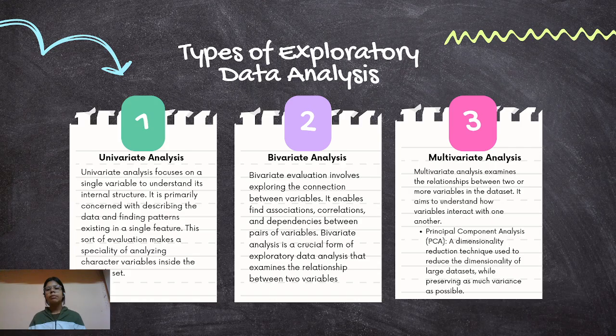Then in multivariate, we have a special technique, which is PCA, Principal Component Analysis. It helps in dimensionality reduction in large data sets. It is an important aspect because if we are working on a large data set, for example, with 3000 features or 3 lakh features, we cannot do it manually.